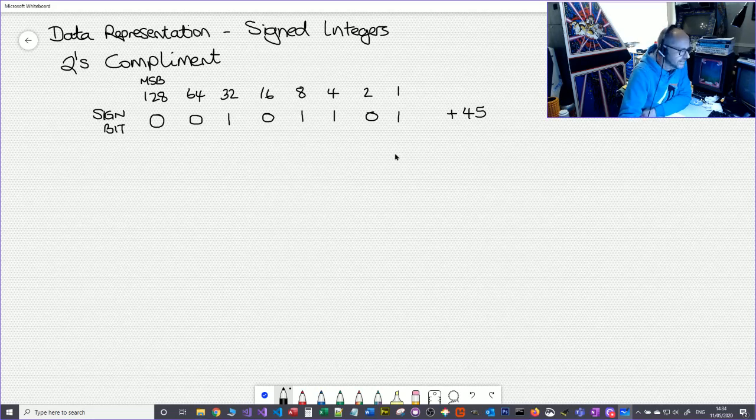Now, when we did sign and magnitude, if I wanted to write down minus 45, I would just change the sign bit and the rest of the number would stay the same. But 2's complement doesn't work like that. If I want to write down what minus 45 is, my starting point is to say it's negative, 2's complement, and I should always say I cannot write it down straight away.